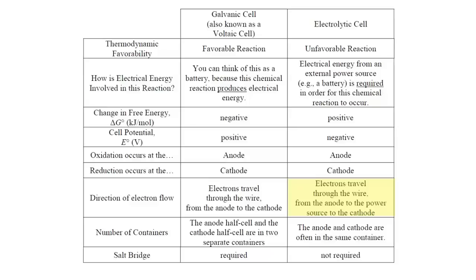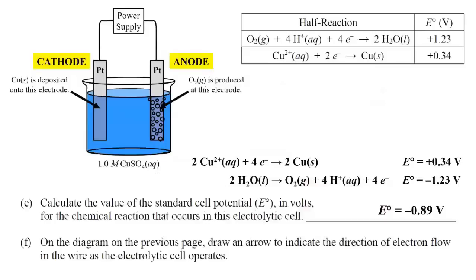So those are the arrows that I will draw in the diagram. I'm going to show that the arrow proceeds with electron flow through the wire from the anode to the power supply and then on to the cathode. So that is the direction of electron flow, which is the answer to part F.